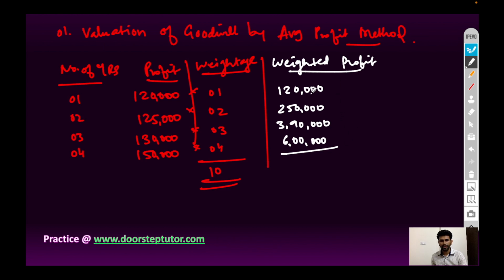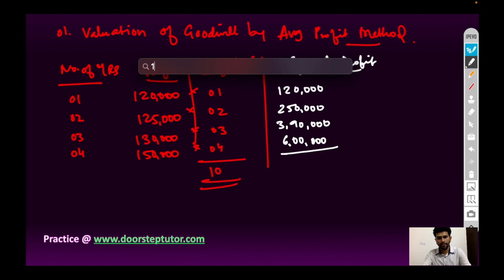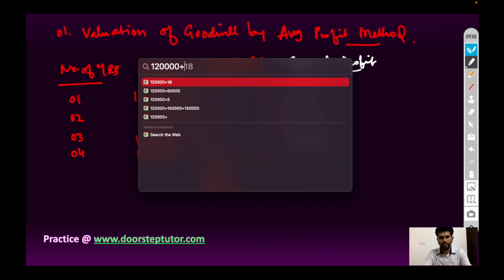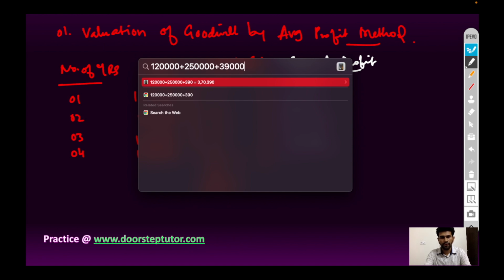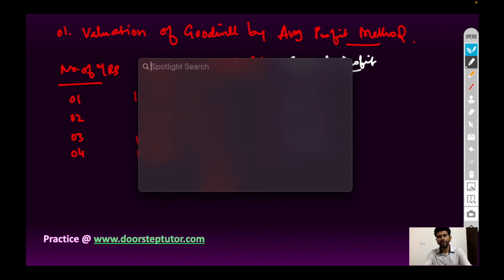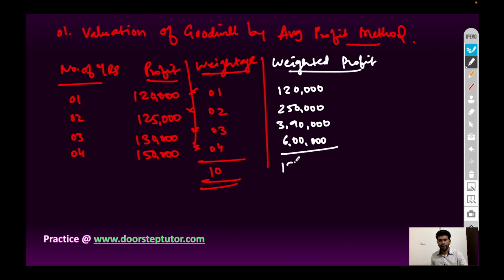Total of weighted profit is 1,20,000 plus 2,50,000 plus 3,90,000 plus 6 lakh, which is 13,60,000 rupees. We will divide weighted profit with total of weightage to get average profit.